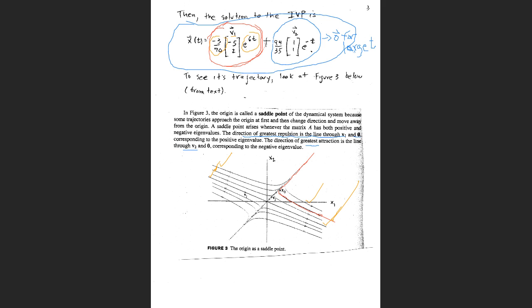Going this way is as t goes to infinity, the particle as time increases. But going this way here, this is as time does what? I'm looking over here right now.